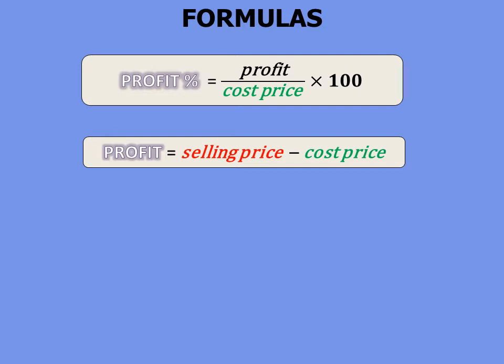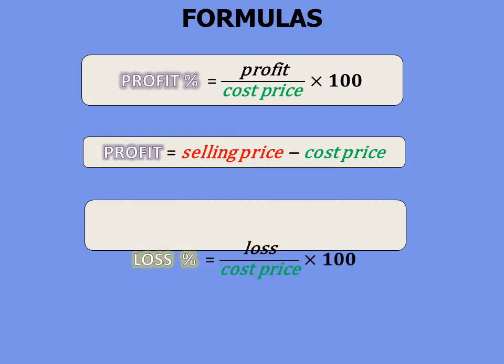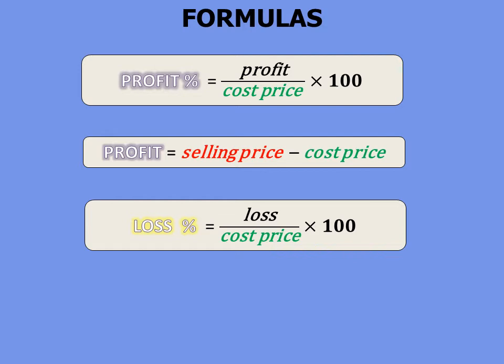Now, calculating loss percentage is similar to calculating profit percent. The only difference is we are working with loss. So we put the loss over the cost price, or loss divided by cost price, and the answer that we get after we divide, we multiply it by 100.